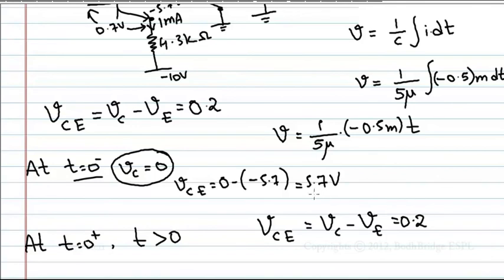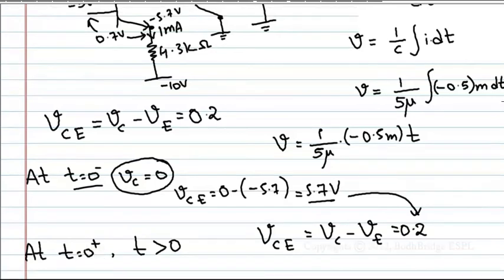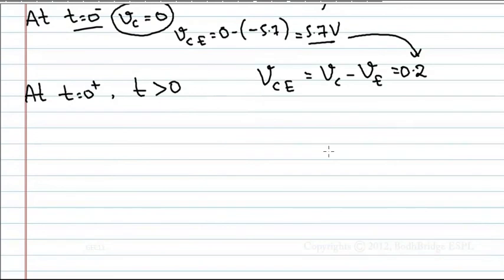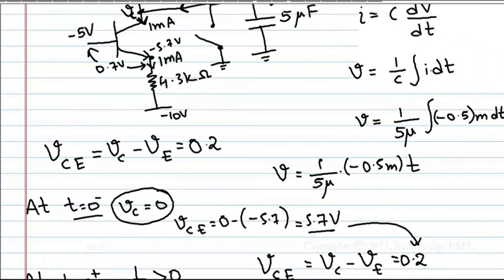Means slowly from 5.7 it decreased to 0.2. At this point we call it saturation region. After this the transistor will be in saturation region. Therefore VE is always minus 5.7 volt. Right.